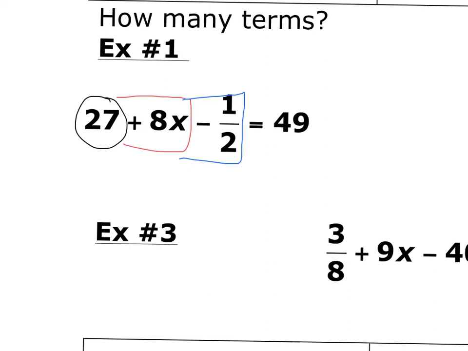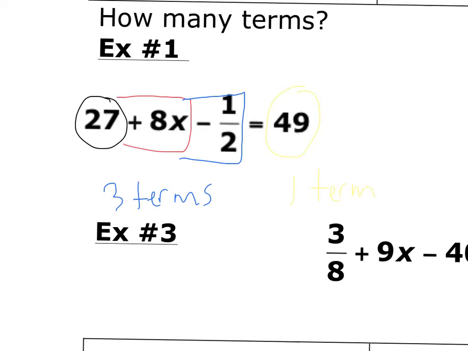So over here on the left side, we have 3 terms. If we look at the other side, let's change the color to yellow, it has 1 term. So in total this has 4 terms. That's how you identify terms.